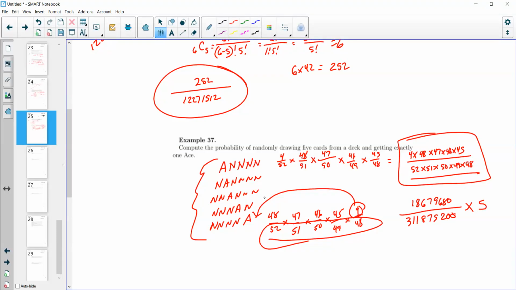So we have 186,79680 times 5 divided by 311,875,200. And I get 0.29947366. Or roughly, although we don't usually talk about percentages when we're talking about probability, roughly a 30% chance of getting just 1/8.